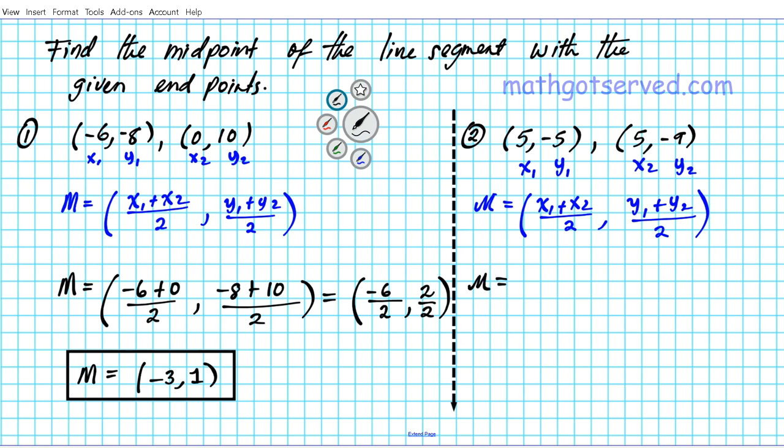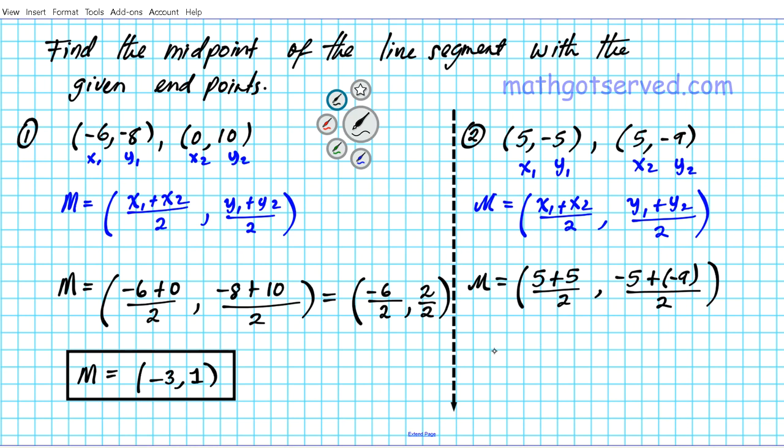order of operations. So m, upon substitution, is going to be 5, which is x1, plus x2, which is 5, divided by 2, the average of the x's in both points. And then for the y, y1 plus y2 is negative 5 plus negative 9 over 2, the average of the y coordinates.